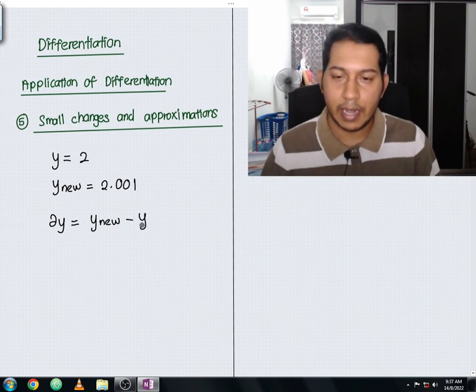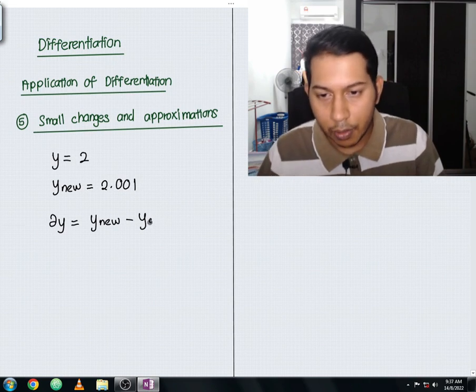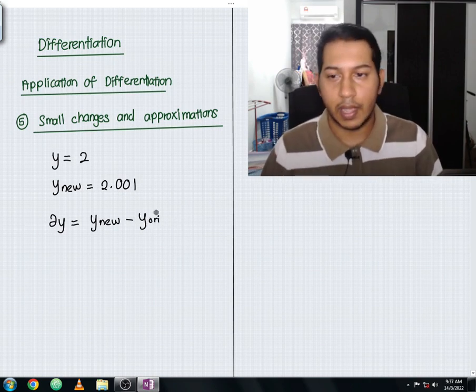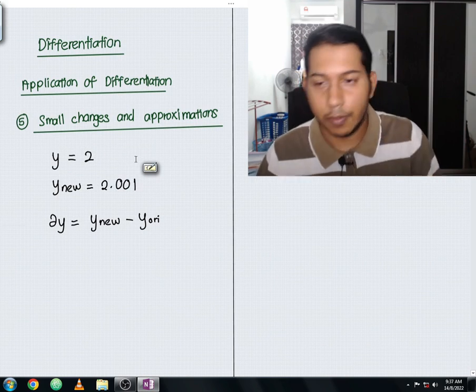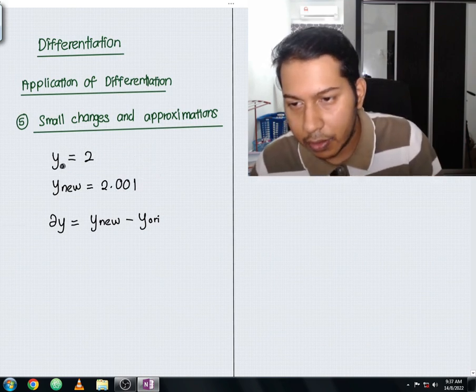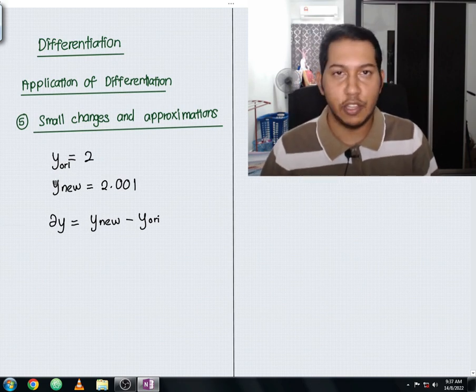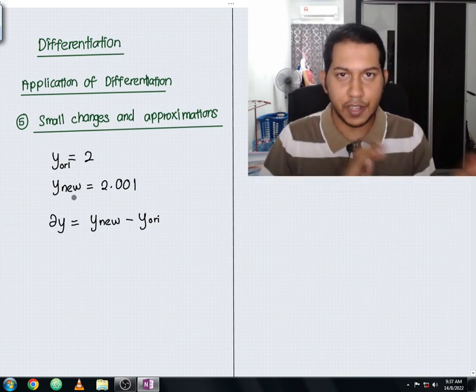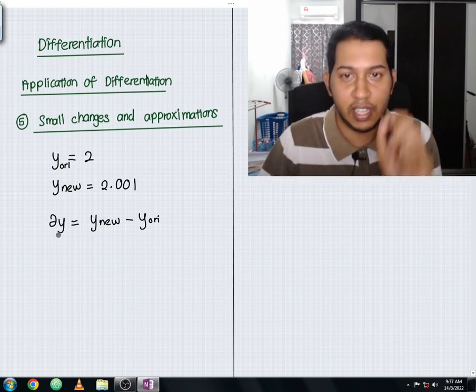You can write y itself, or y original, but I prefer you write y original to be on the safe side, guys. So y original is the original y value and this is the new y value, and the difference between the two is delta y, which means the small change in y.